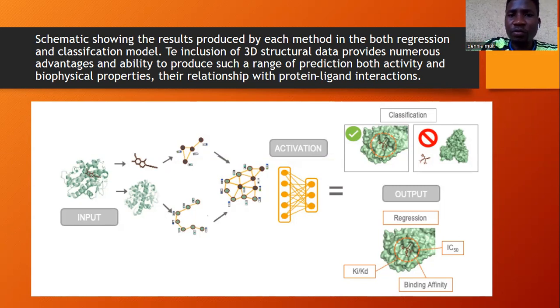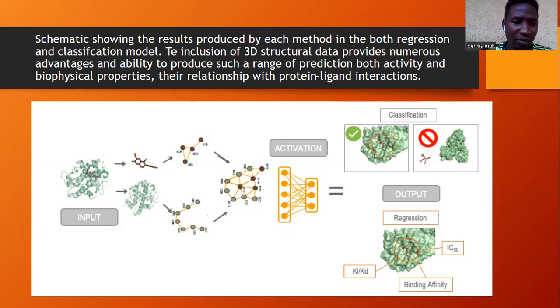The inclusion of 3D structural data provides numerous advantages and abilities to produce such a range of predictions, both active and biophysical properties, which is their relationship with protein ligand interactions.